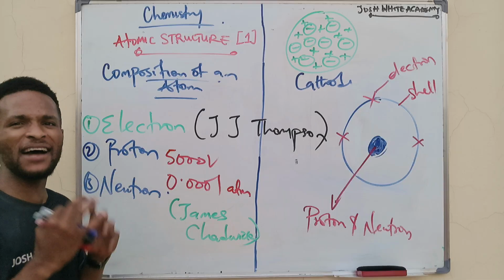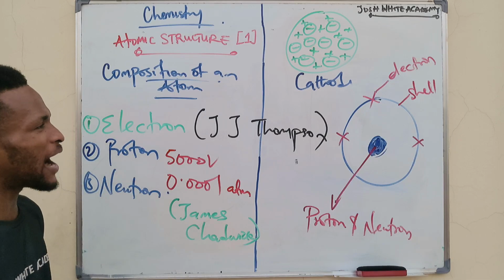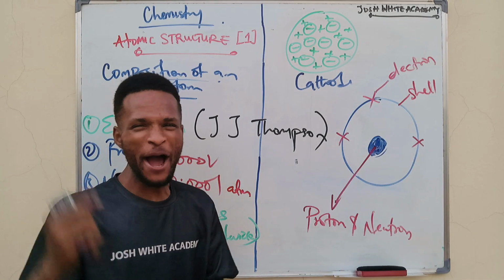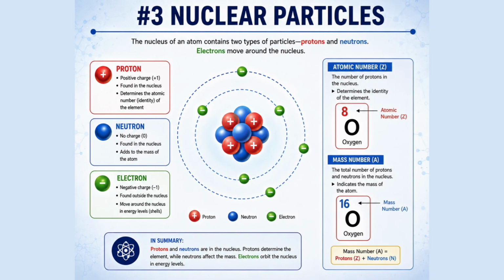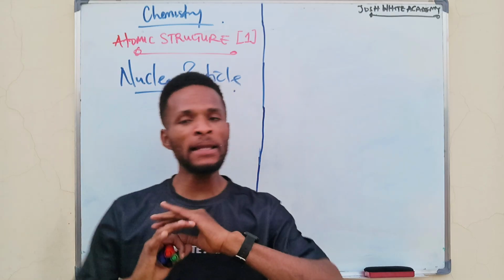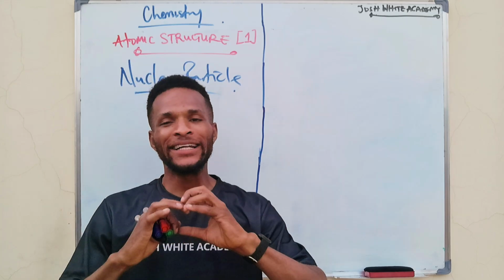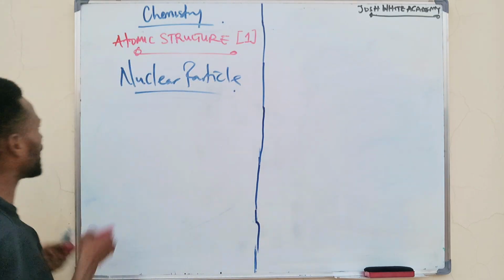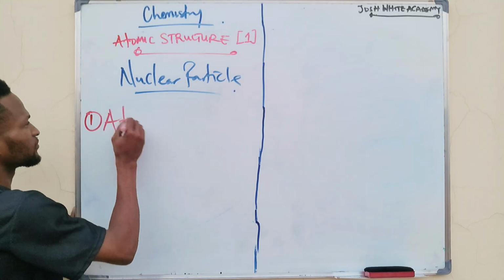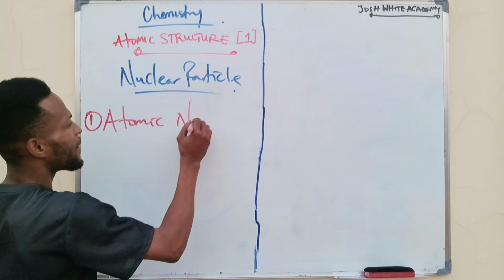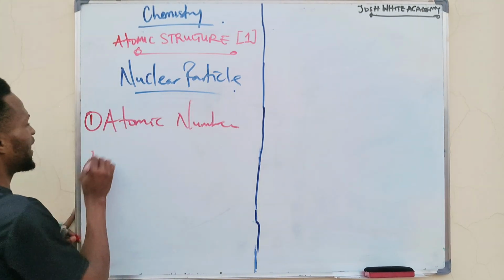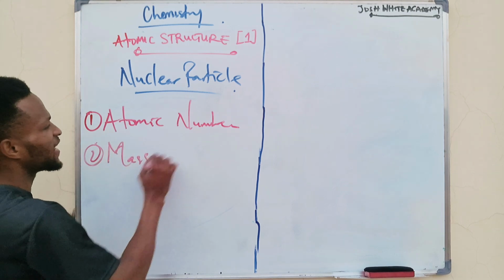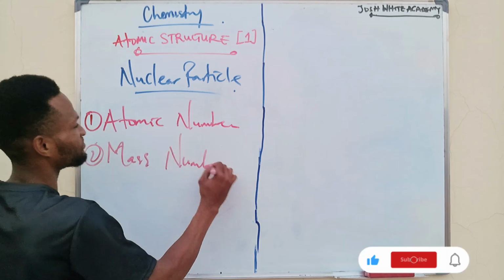Now let's advance to talk about the nuclear particle. Now we'll be talking about atomic number and mass number.